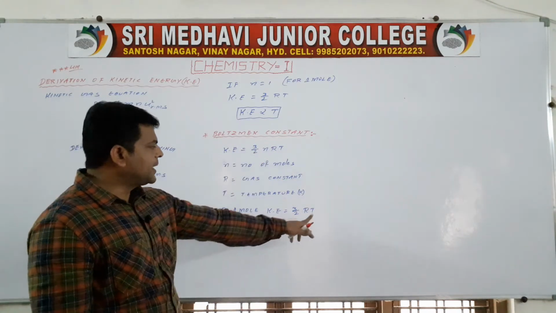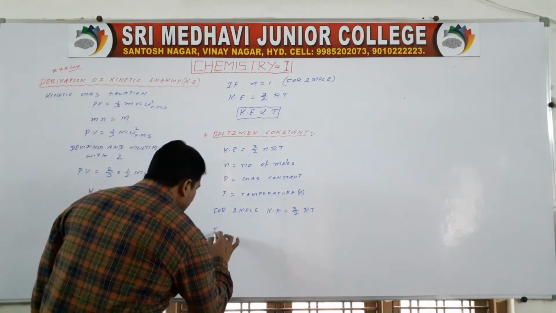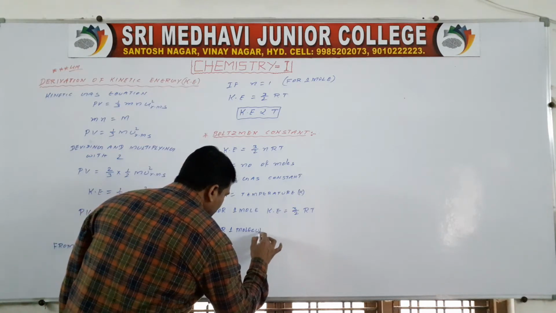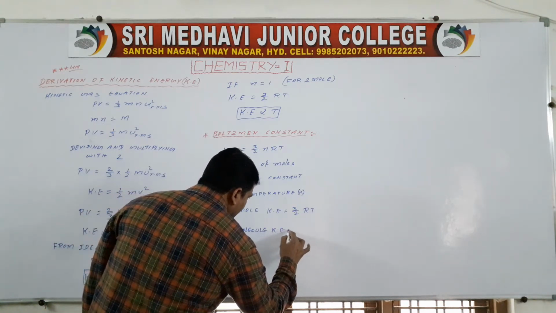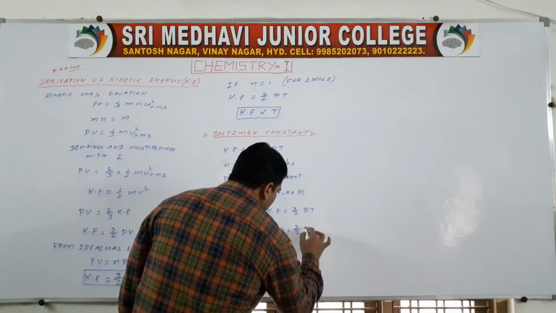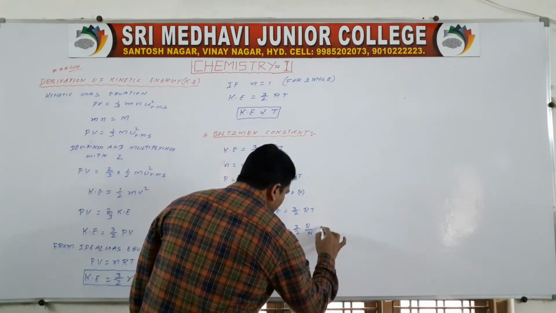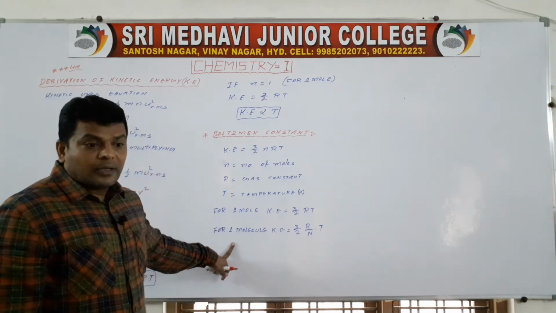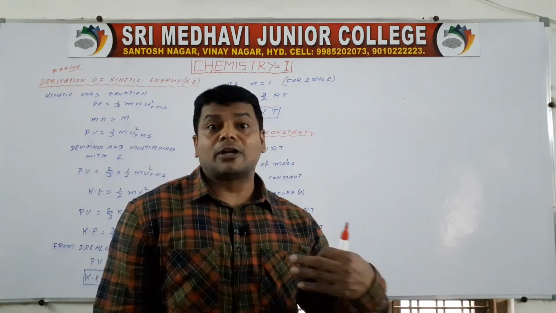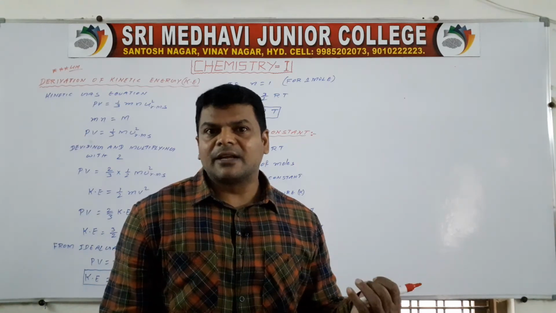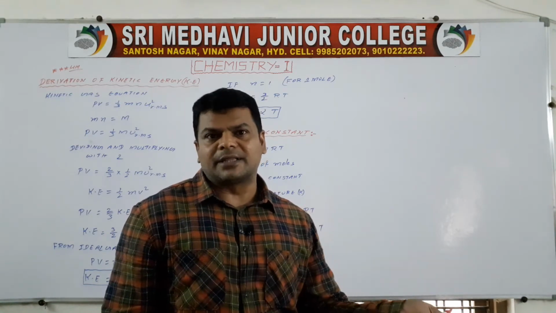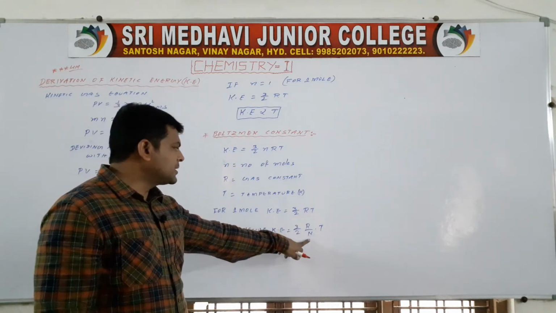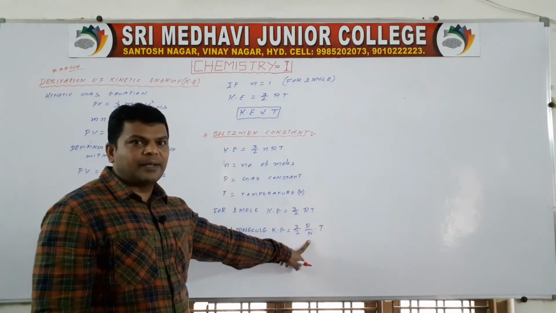For 1 molecule, kinetic energy KE equal to 3 by 2 R by N into T. Why? Because 1 mole of any gas contains Avogadro number of molecules, Avogadro number N equal to 6.023 into 10 power 23. So I want 1 molecule, which means dividing the gas constant by N.